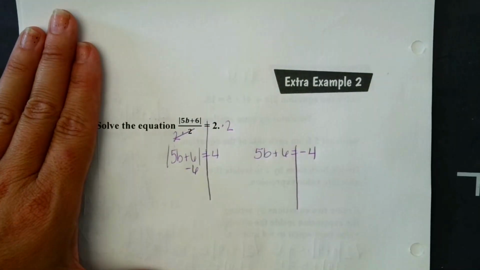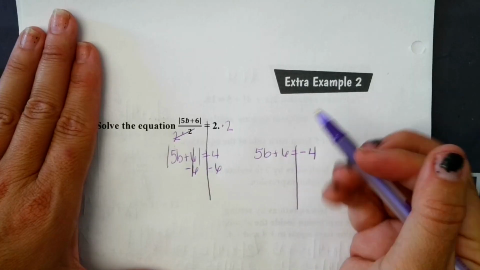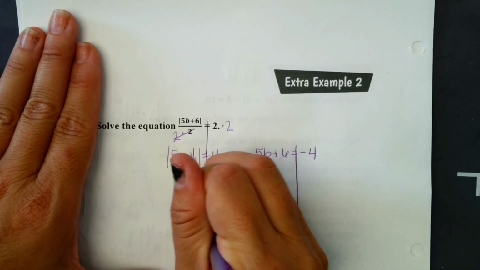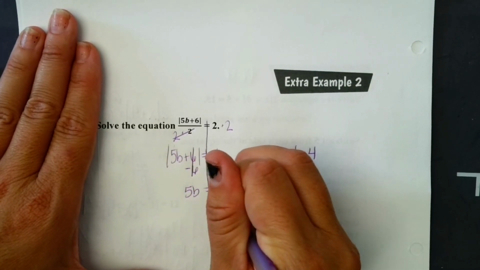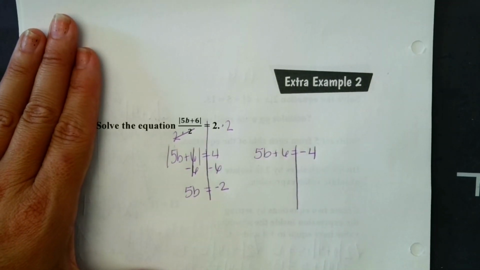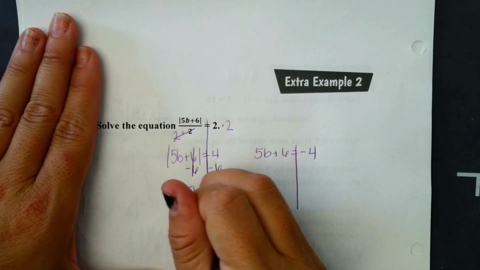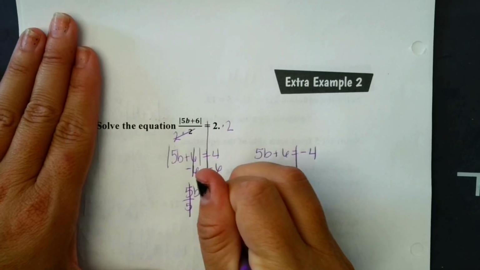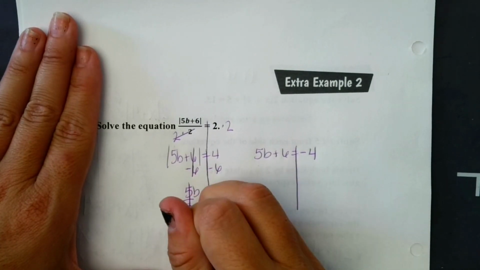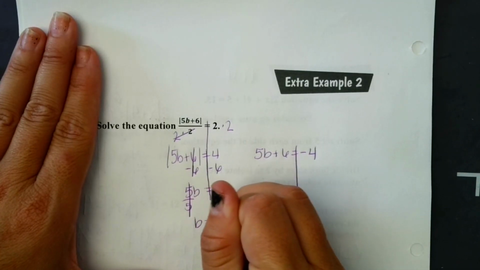Minus 6, minus 6. So I have 5b equals negative 2. You're in algebra. You can have fractions. You'll be fine. Divided by 5. Divided by 5. B equals negative 2/5.